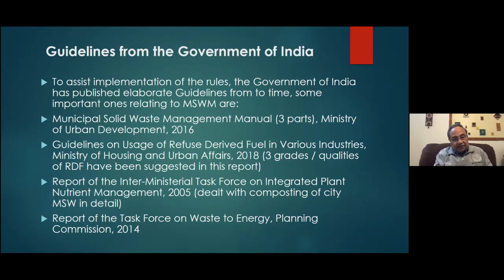Then, guidelines on uses of refuse-derived fuel in various industries, Ministry of Housing and Urban Affairs, 2018. I was chairing this committee as well. Here, we tried to divide the refuse-derived fuel, or RDF, into 3 grades: grade 1, grade 2, grade 3, and the segregated combustible fraction, SCF.